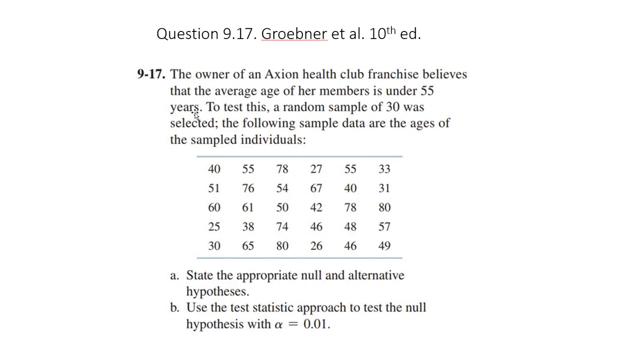So we're dealing with a directional hypothesis, because it says under 55. So it's a one-tail test, and because the mu is less than 55, it's a left-tail test. This information you get from the question.